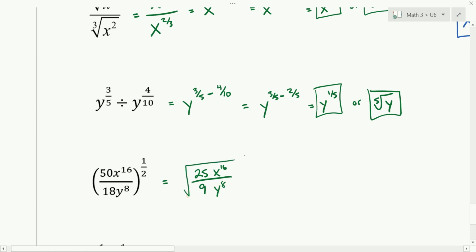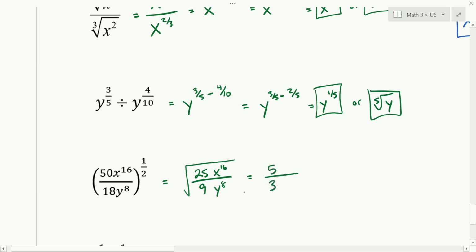Square root. And if you left it 50 and 18, you'd be like, I can't take the square root of 50. I can't take the square root of 18, right? But if you reduced it, you got 25 and 9, and those are perfect squares, easier to work with. And so the square root of 25 is 5, the square root of 9 is 3.